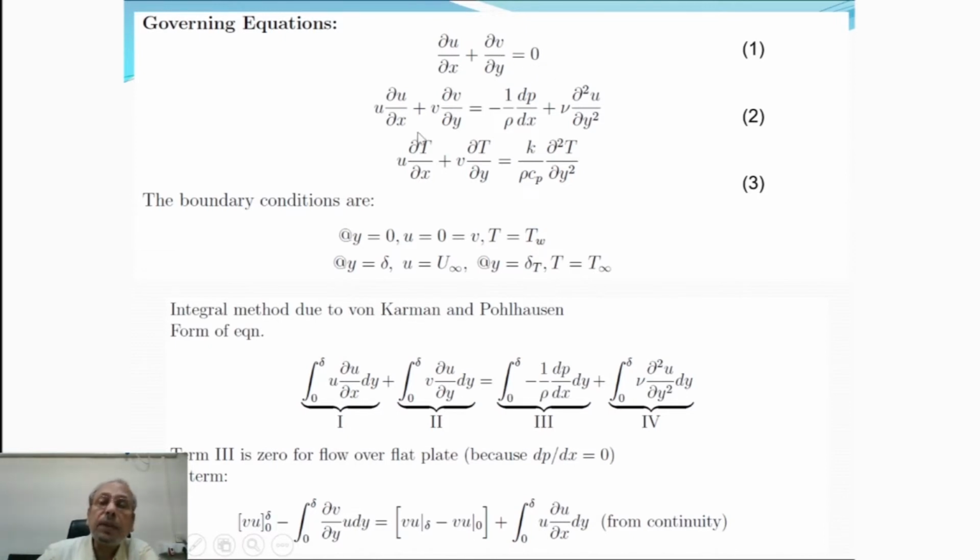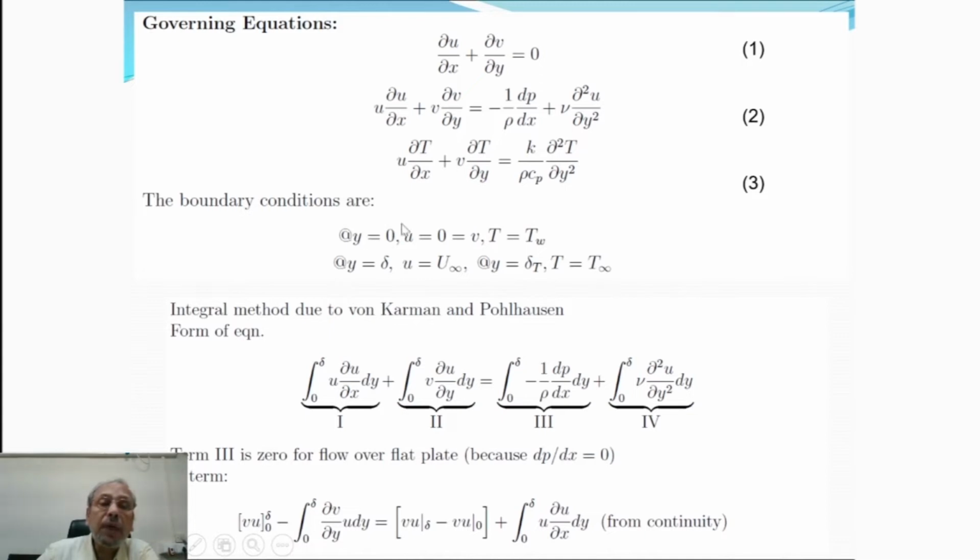Velocity boundary layer equation: u del u del x plus v del u del y equal to minus 1 by rho dp dx plus nu del 2u del y2. And thermal boundary layer equation, this also we have derived: u del T del x plus v del T del y equal to k by rho cp del 2T del y2.